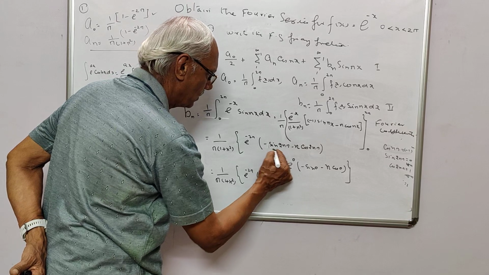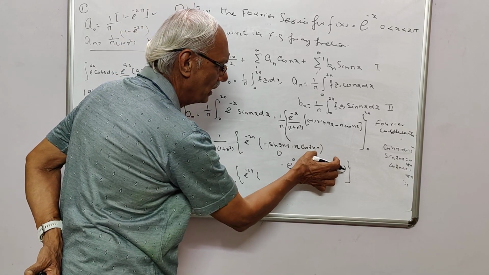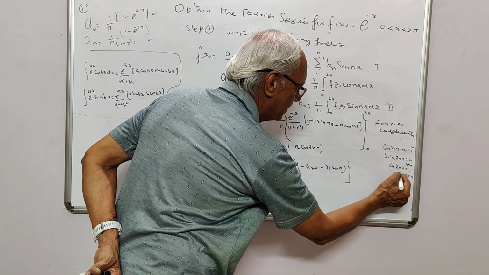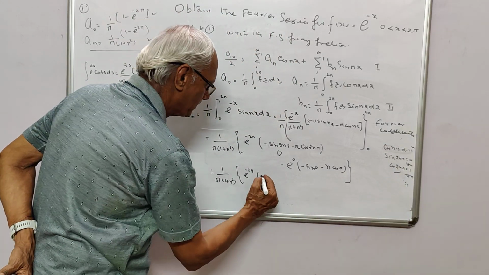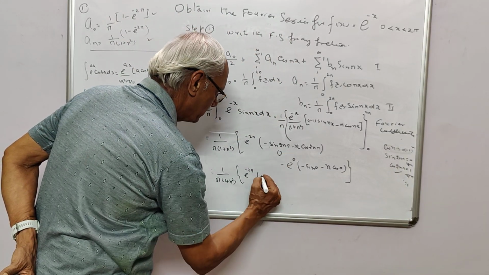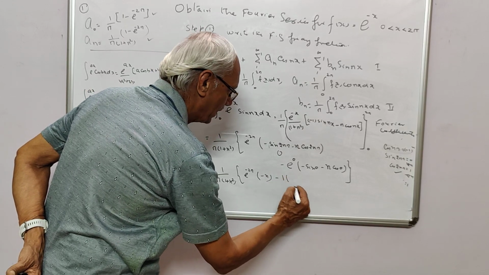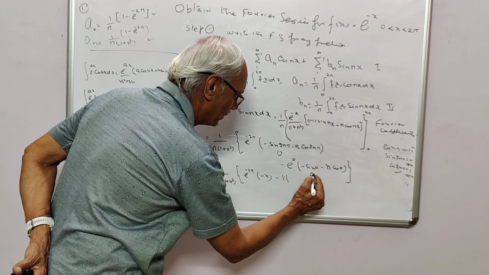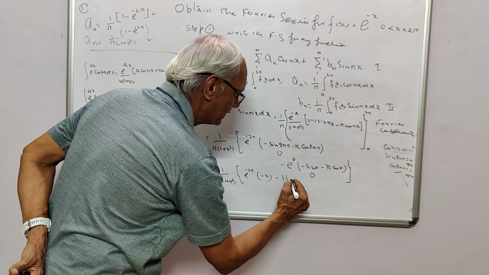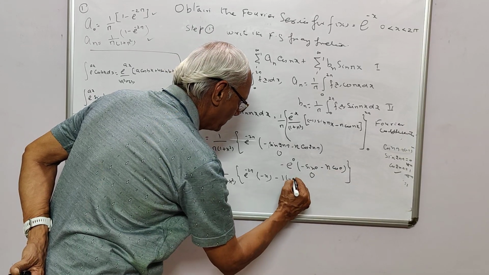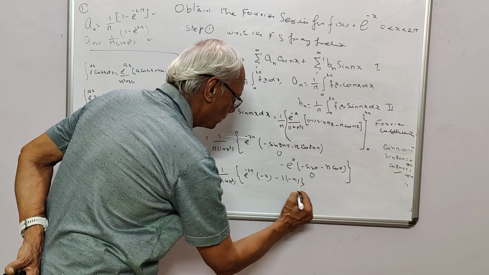So this is 0. And cos 2n pi is equal to 1, so it is minus n. Then minus e to the power of 0 is 1, and sin 0 is 0, cos 0 is 1, so it is minus n. So this is what you get.